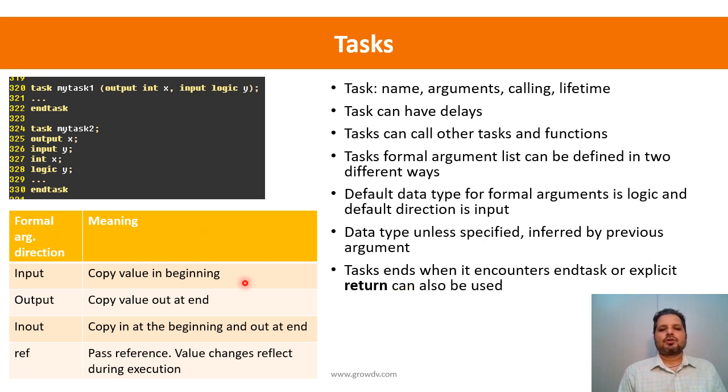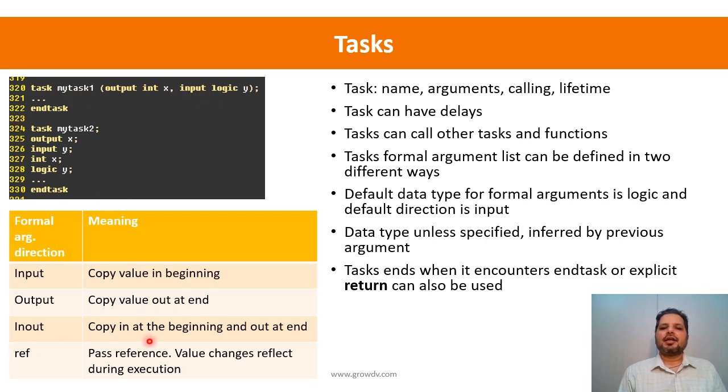And so what happens is, as we called out, when you call a particular task, the value of the input formal arguments gets copied at the beginning. So the value that you are passing as a part of your call gets copied inside the task at the beginning, and for the output type of your formal arguments, whatever processing you do, it gets copied at the end.